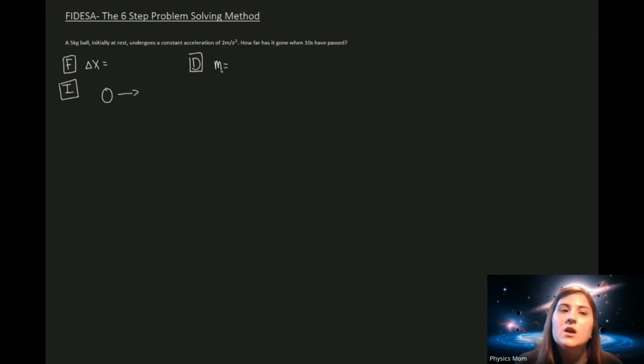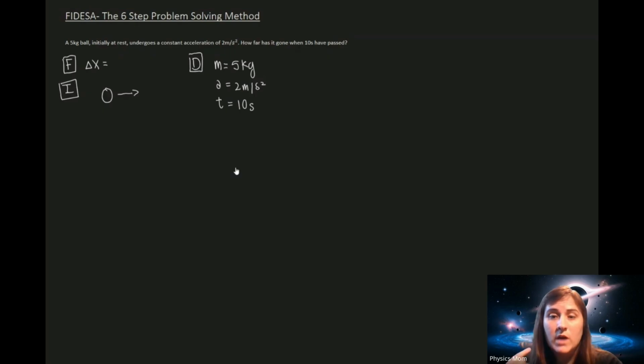And again, like in the find, I'm going to attach the variable that I would see in a formula. So the m would be 5 kilograms. a is the letter we use for acceleration. That would be 2 meters per second squared. And then t is time, that would be 10 seconds. These are all the ones I'm explicitly given, meaning they're just plainly stated in the numbers.